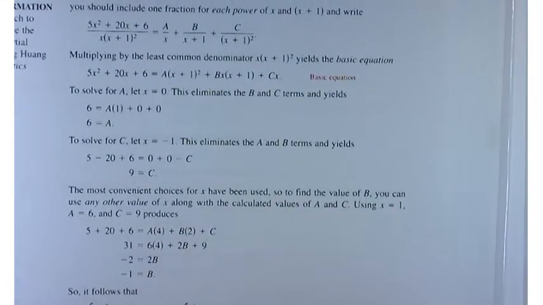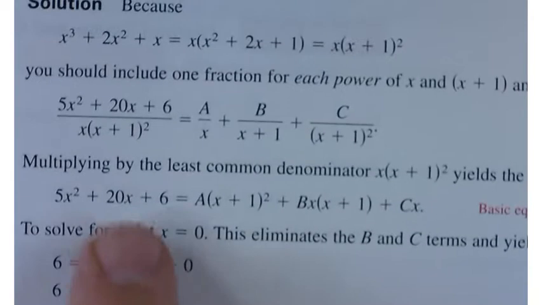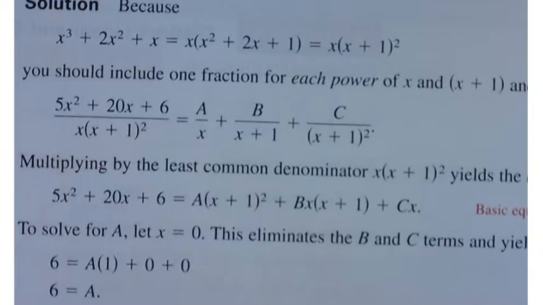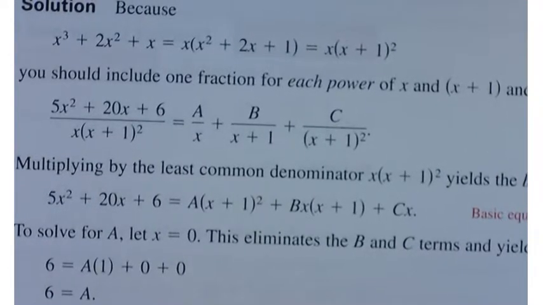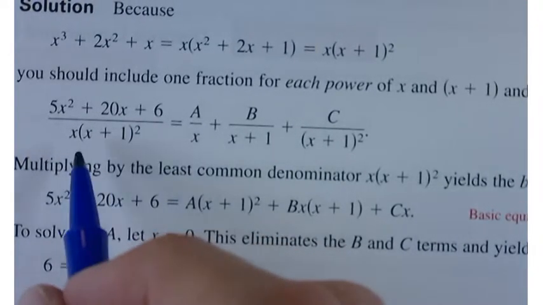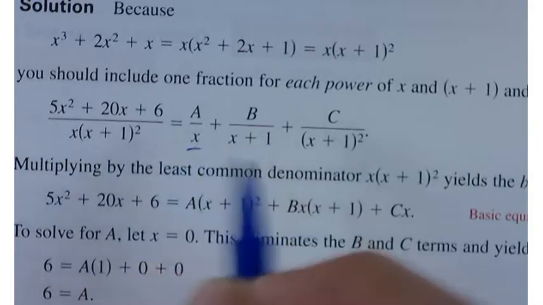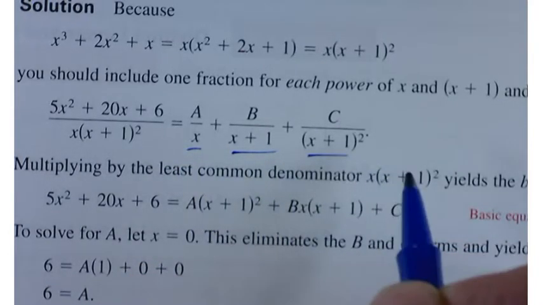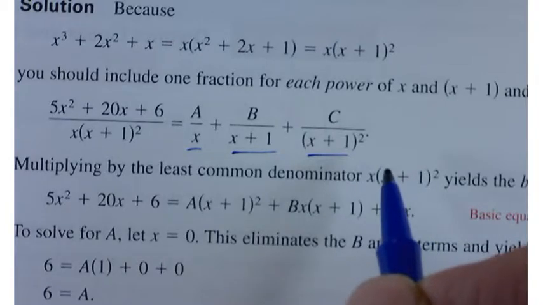So let's take a quick look at one of the examples in the book. This denominator factored as x times x plus 1 squared. When you set this one up, you've got the linear factor for the x, and then one for the x plus 1, and then another one for the x plus 1 squared.